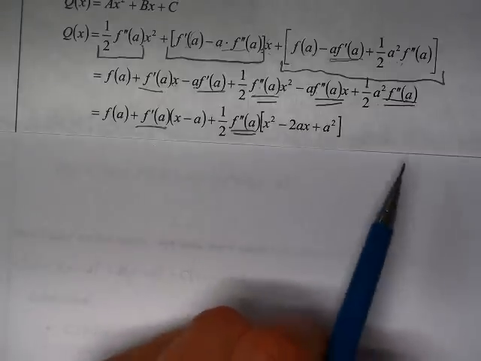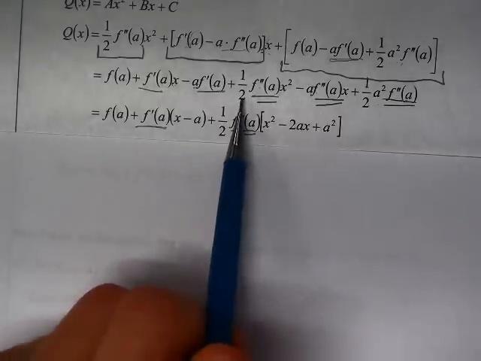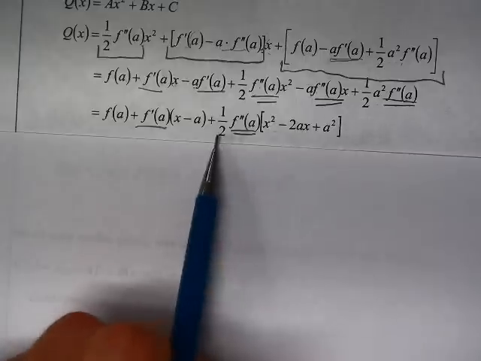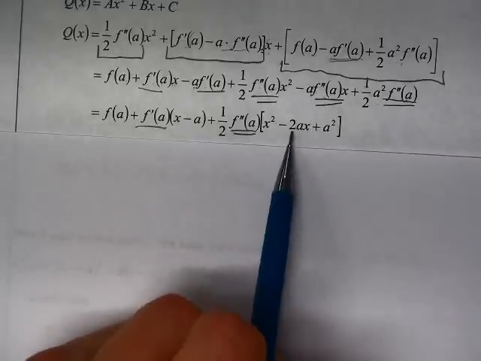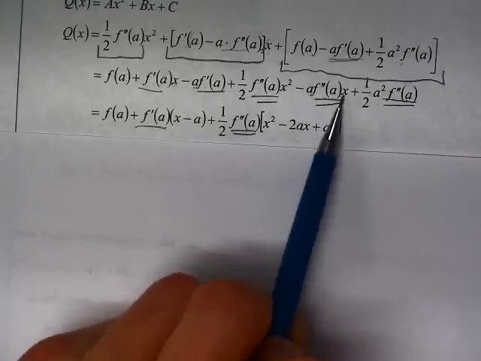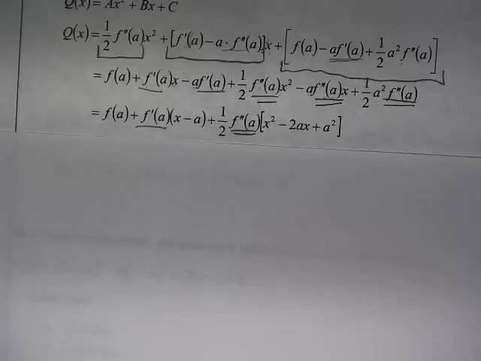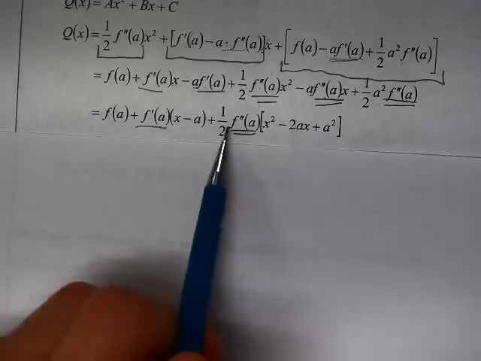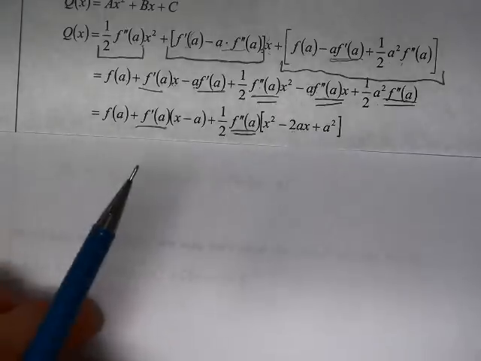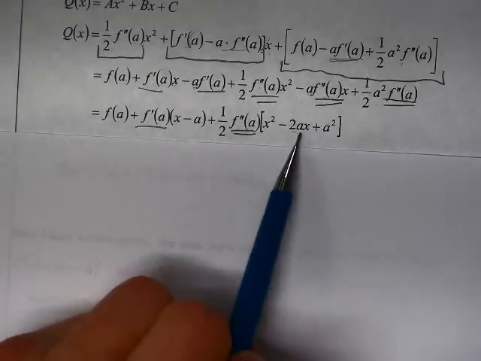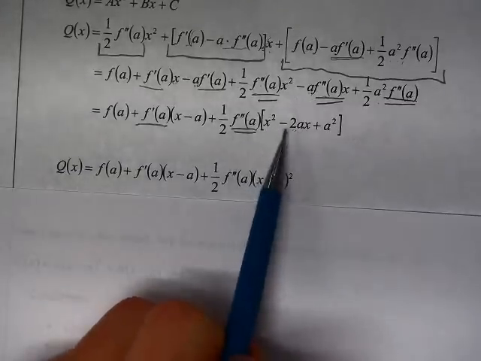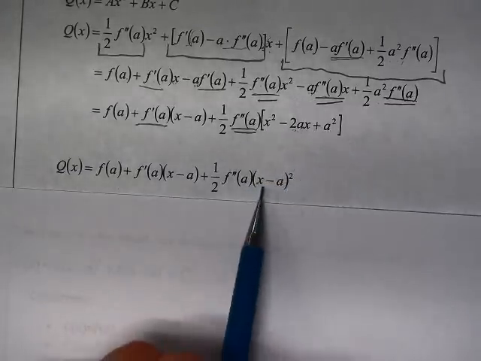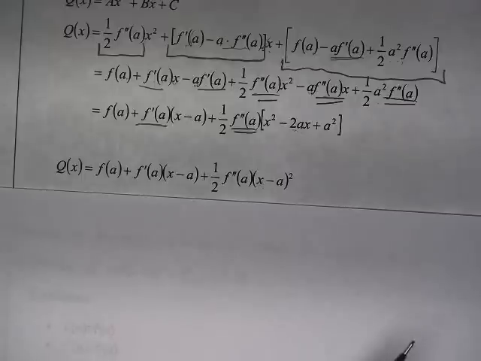So notice that I have a 1/2, so I've factored that out. This one didn't have a 1/2, so when I factor out a 1/2 f double prime of a, I have to put a 2 in there with this a and x that are left. And then this last thing that I'm going to do here, that is a perfect square. So x squared minus 2ax plus a squared factors into x minus a all squared.